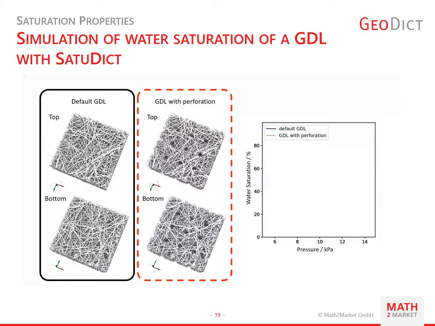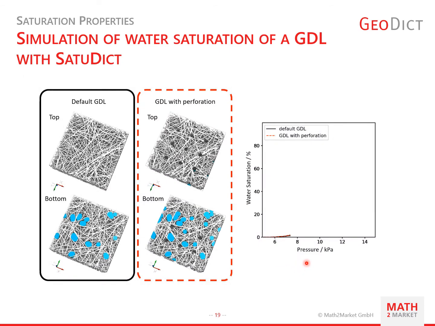And when now water is being produced, starting at the bottom of the GDL, you can see that for the perforated case, the water moves through the pinched holes to the top, thus leaving the tiny pores between the fibers for the gas transport.